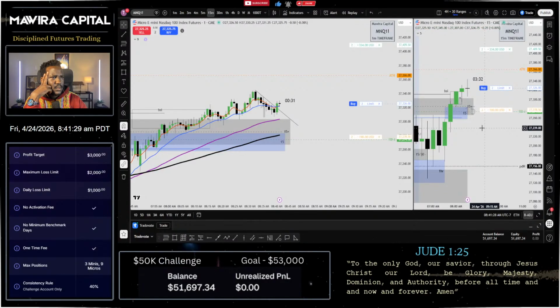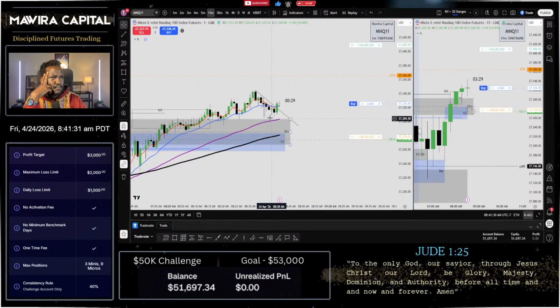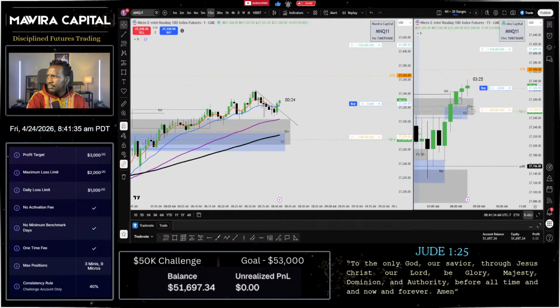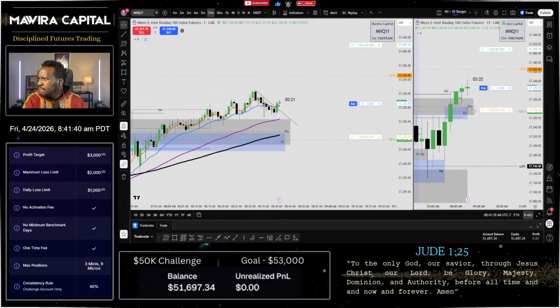But that was a good one. Not that far from the 50, but also didn't touch this zone, so it's all good. You see that? I did see that.